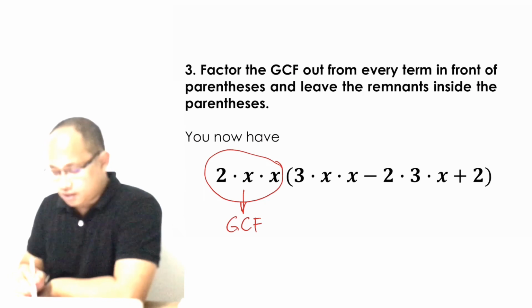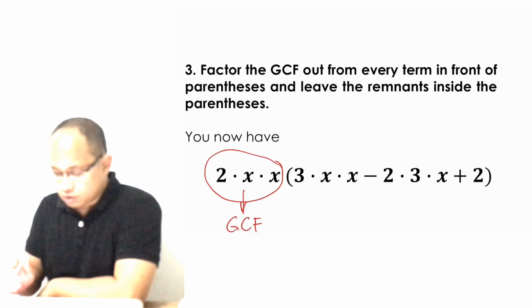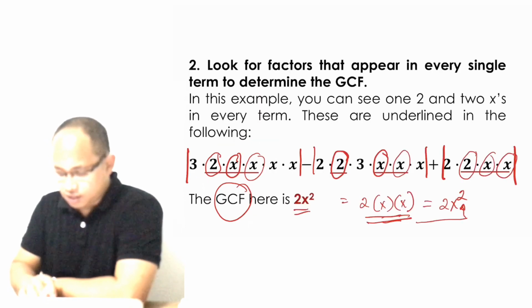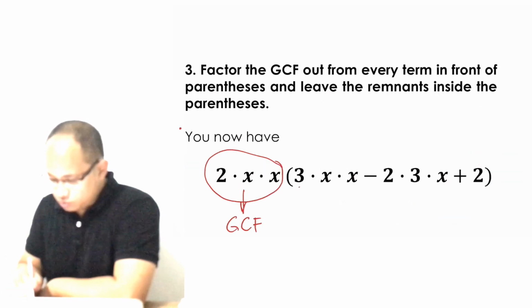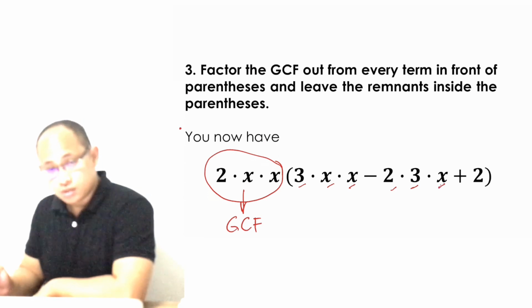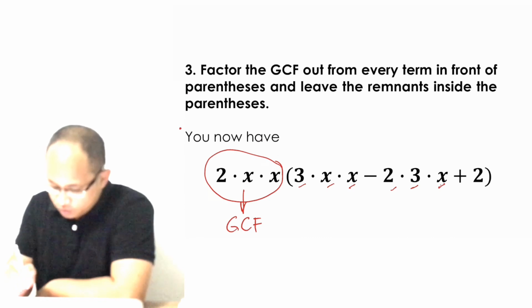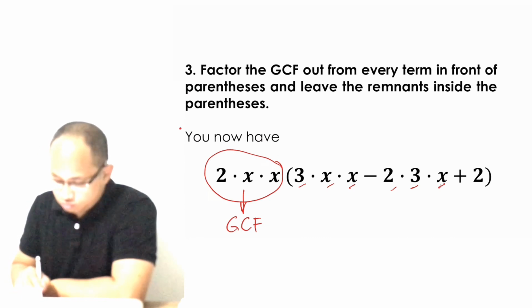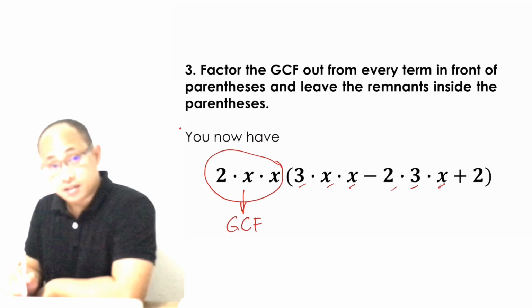Now, considering that we take out 2x from each group, you know what is left there, okay? That is 3 times x times x minus 2 times 3 times x plus 2. So take out the GCF, and what is left, leave it inside the parentheses.